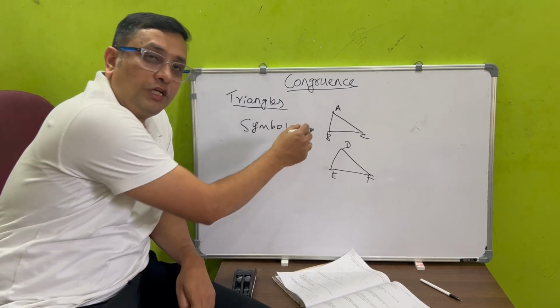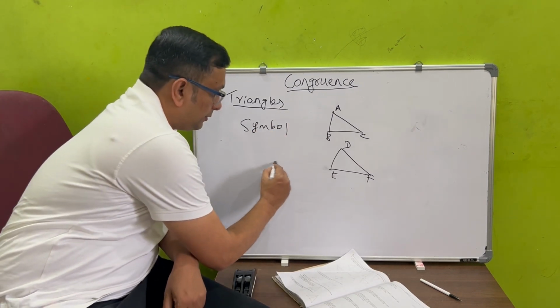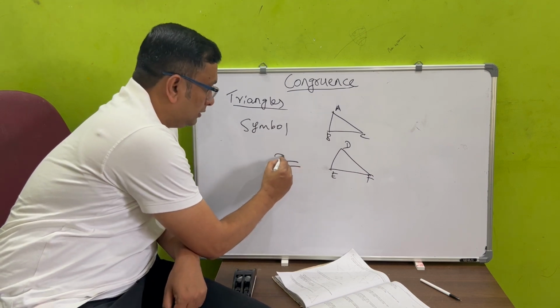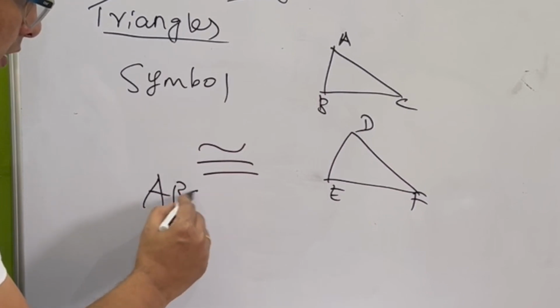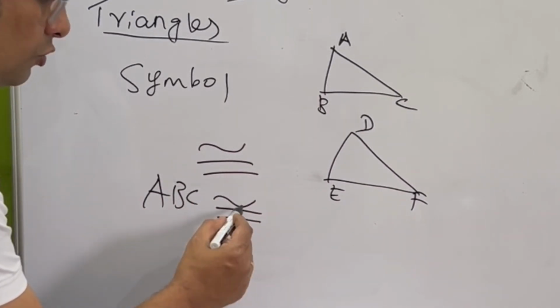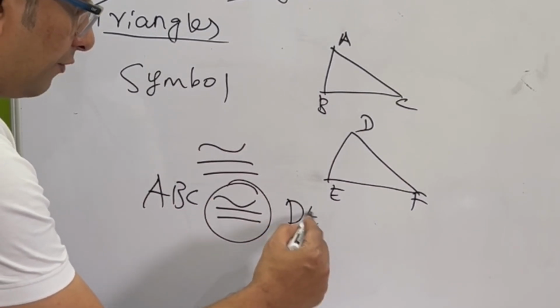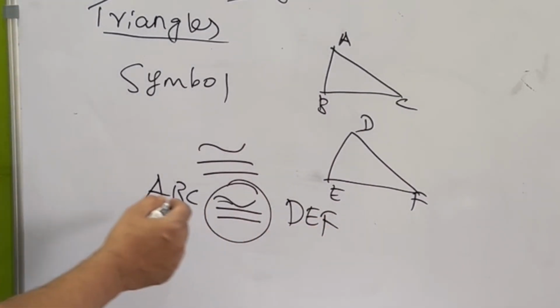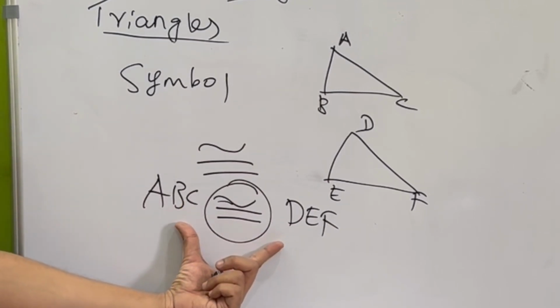If two triangles are congruent, we use this specific symbol, equal to with a tilde. That means ABC is congruent to DEF. So we can understand this when they ask us to prove whether both are congruent or not.